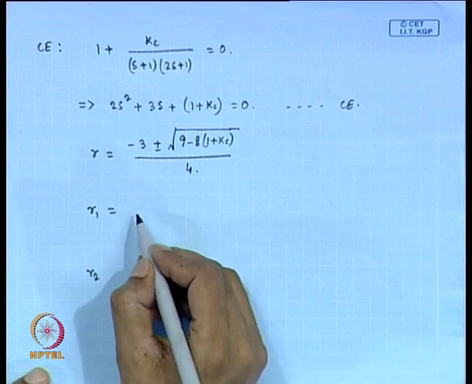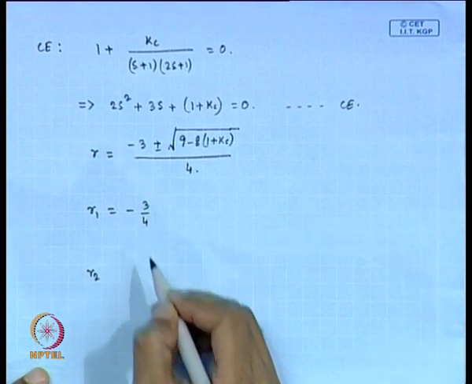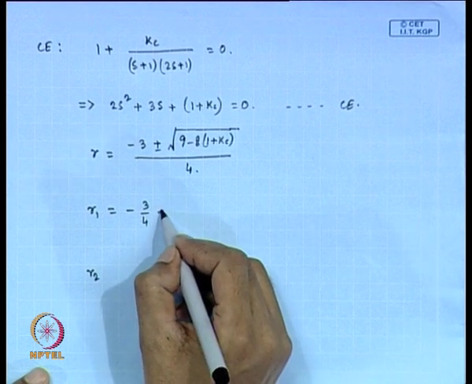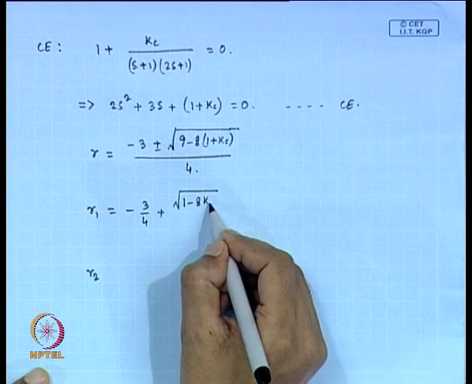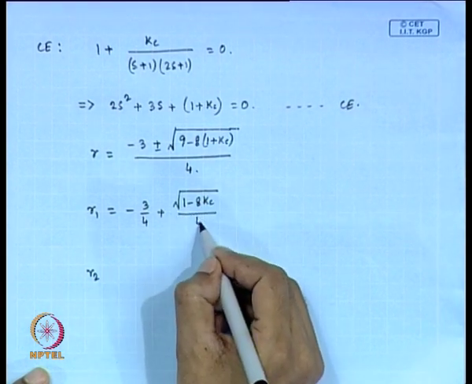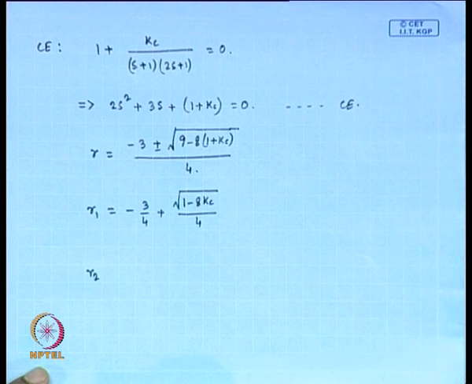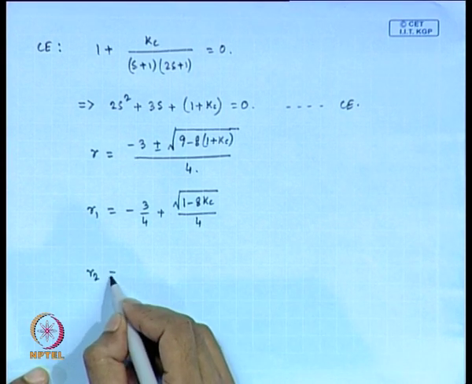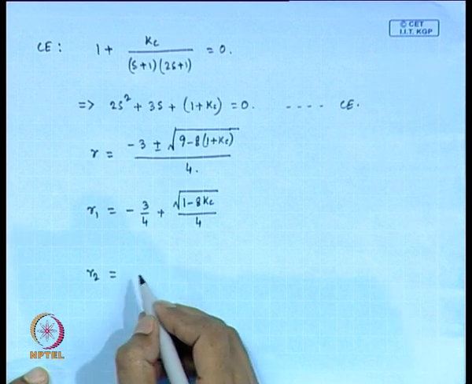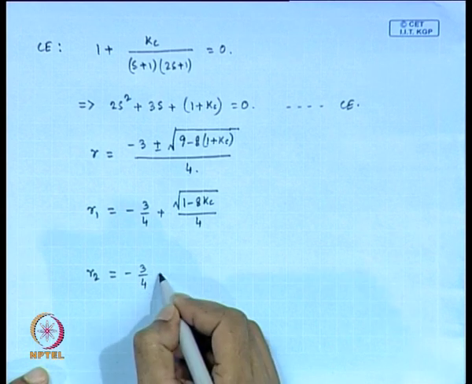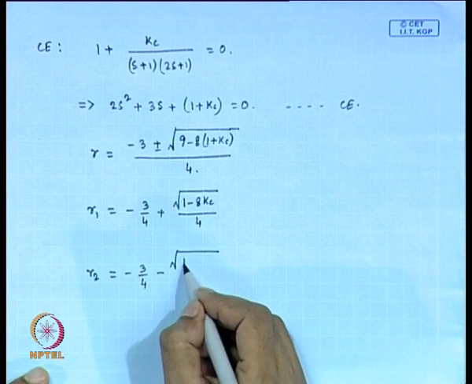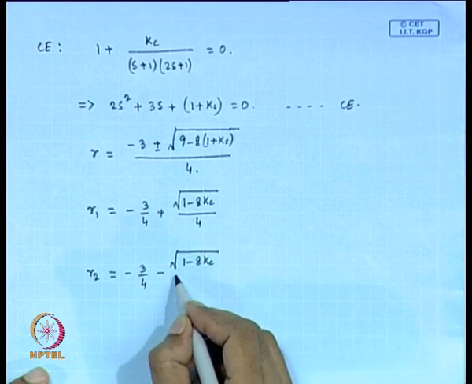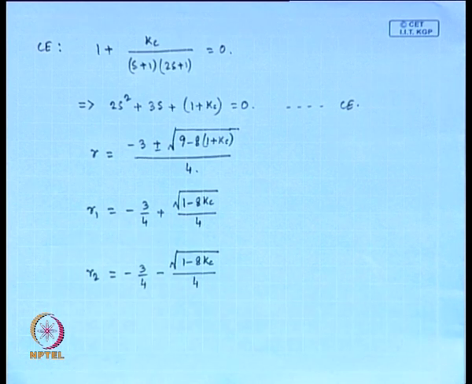R1 is minus 3 by 4 plus root over of 1 minus 8 Kc divided by 4. This is the first root. Second root R2 is equal to minus 3 by 4 minus root over of 1 minus 8 Kc divided by 4. This is the second root.